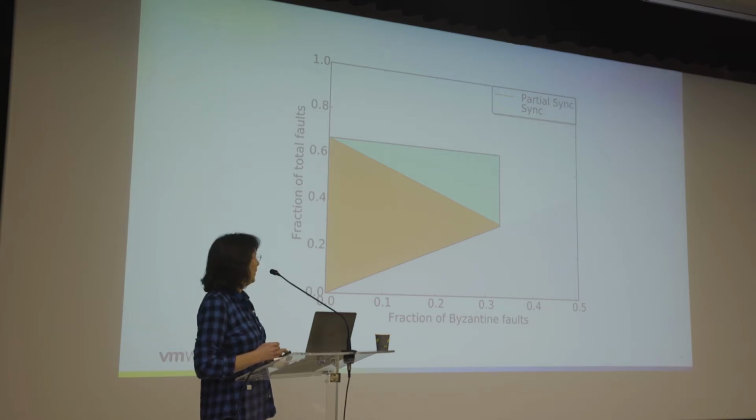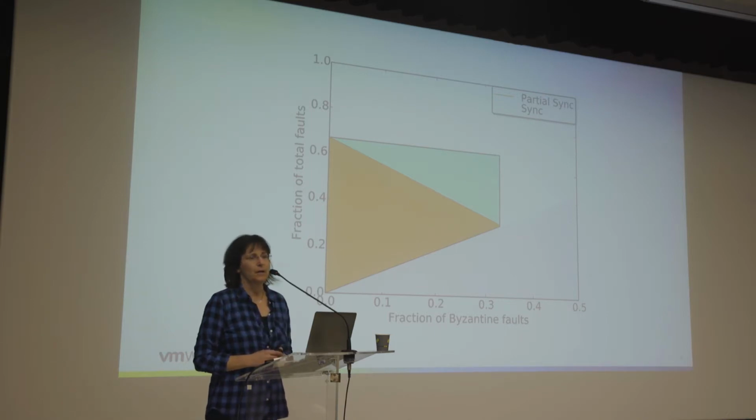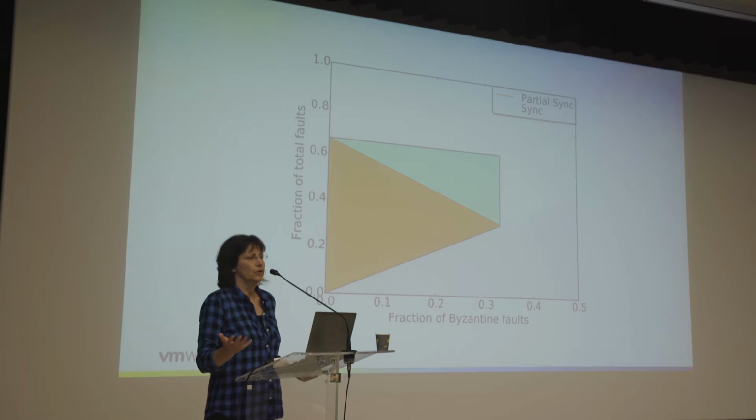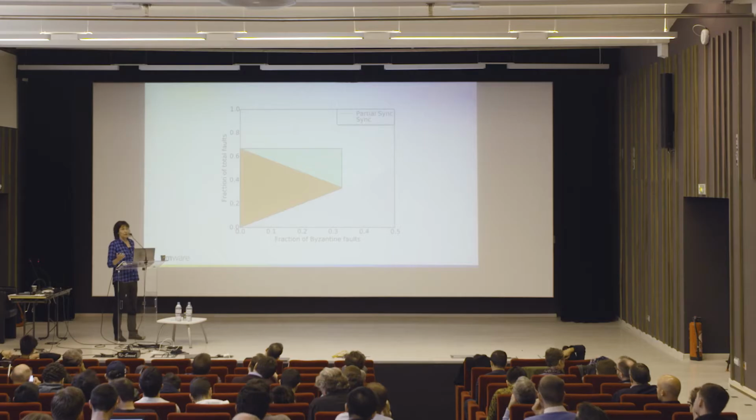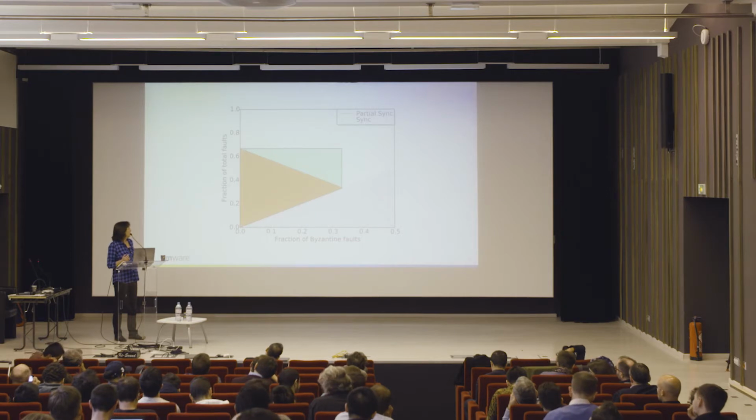So you have this green triangle that no matter how many Byzantine faults you experience in practice, you can always tolerate a threshold of 2/3 corruption. So there's really no reason to make any assumptions about Byzantine. For the asynchronous setting, this is this, I don't know, orange triangle. You get a trade-off. The more Byzantine faults you actually experience or you actually tolerate, the fewer ABC faults and the fewer overall number of corruptions you can tolerate.